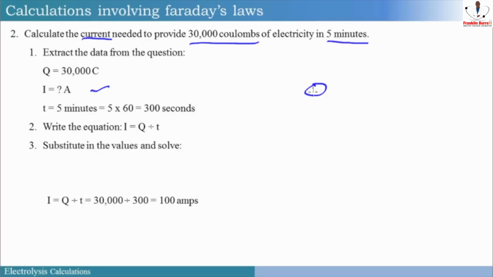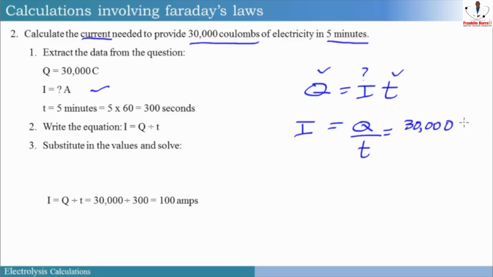So if we know that Q equal IT, we know that we have Q, we have time, we need to find I, then I is equal to Q divided by T. And in this case, we know that Q is 30,000 coulombs over time, which is 5 times 60 to convert from minutes to seconds. And that is 300 seconds.